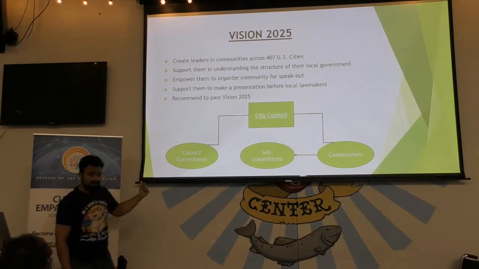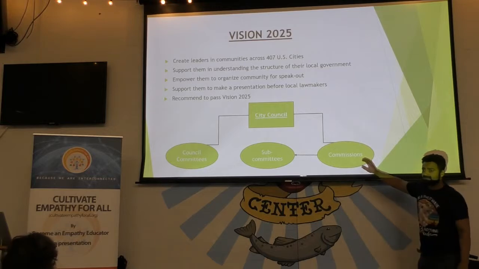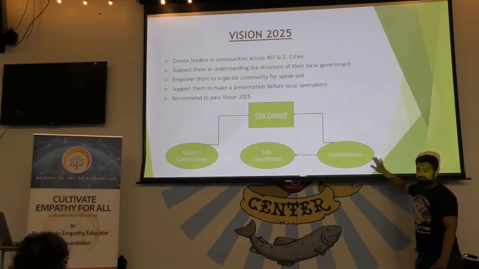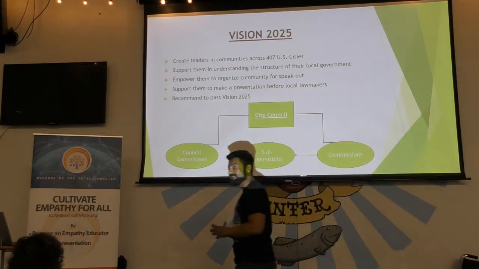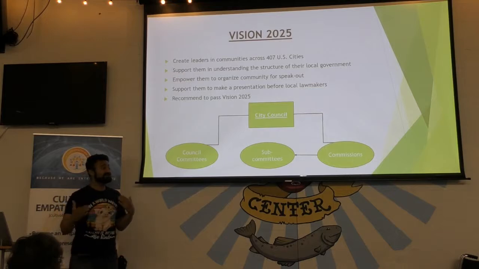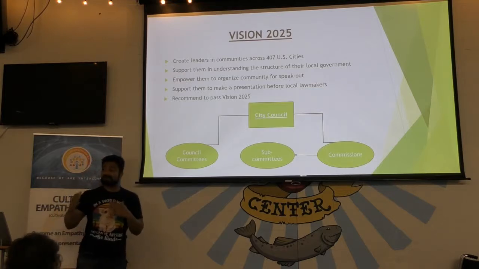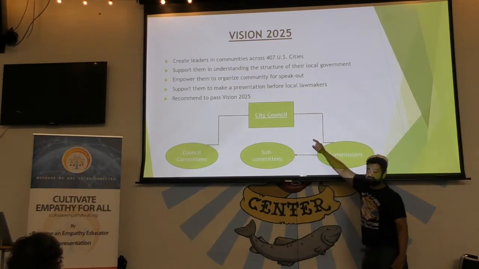Also, the city council appoints residents to form commissions. So it's literally city residents forming these commissions, and they are recommending proposals to their city council. Once a proposal gets passed in the commission, it goes to the city council.